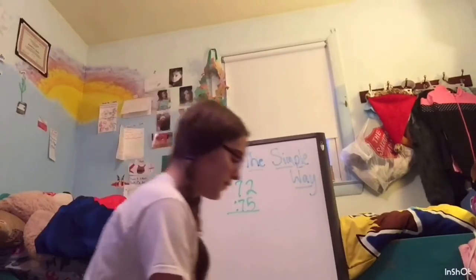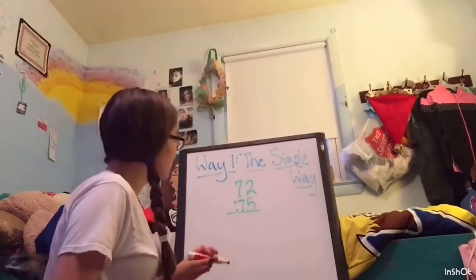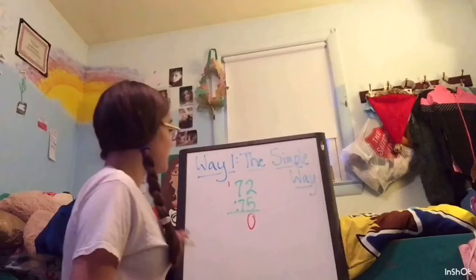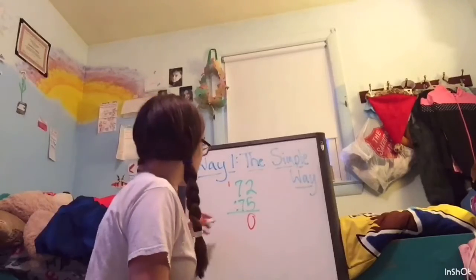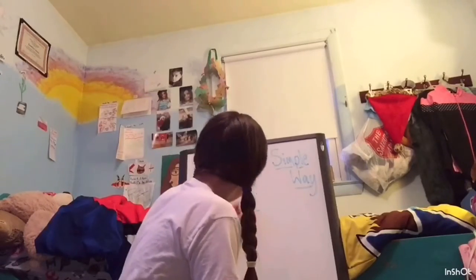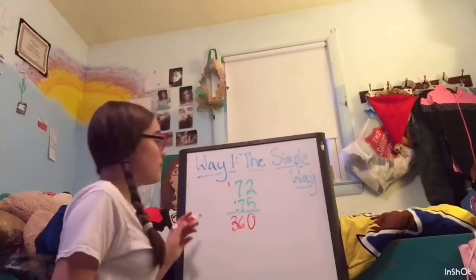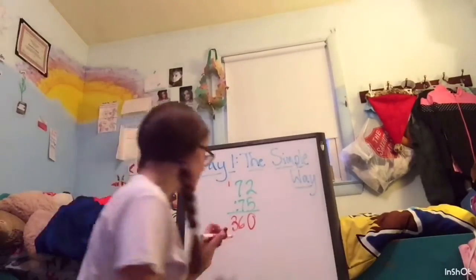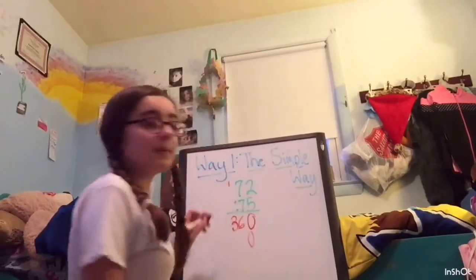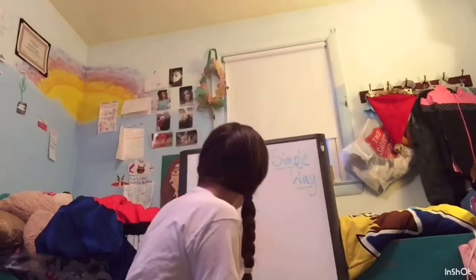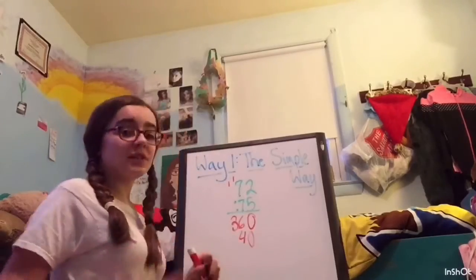So, we can multiply 2 times 5 is 10, carry the 1, 7 times 5 is 35, plus 1 is 36. Now we finish the 5 column. As you know, we go to the next column. 2 times 7 is 14. Carry the 1. 7 times 7 is 49, plus 1 is 50.